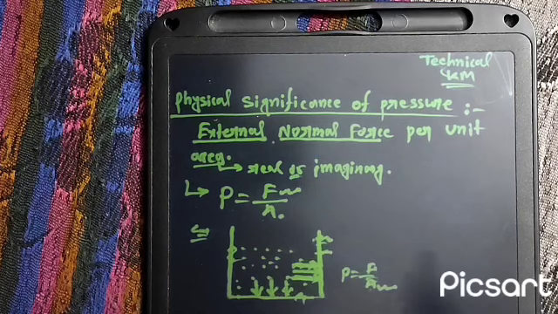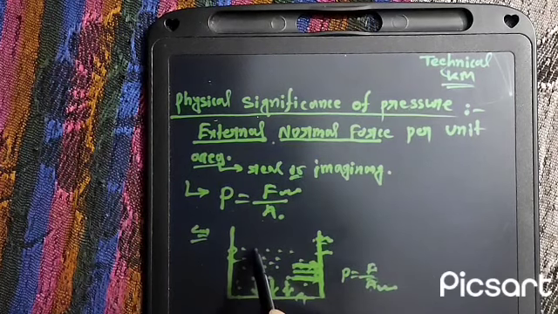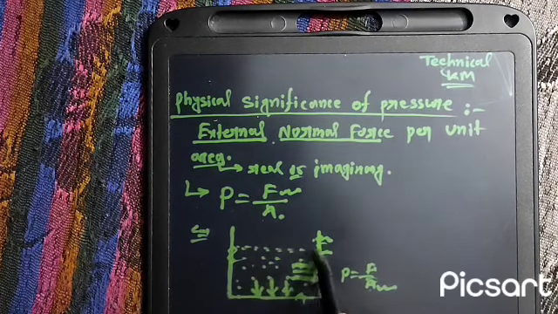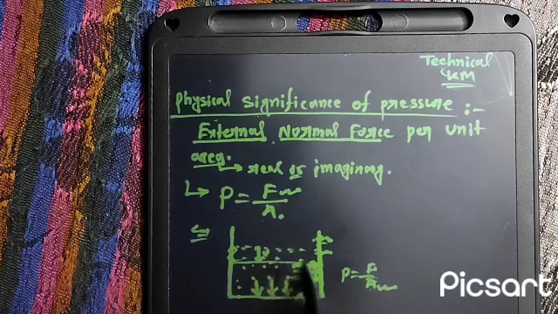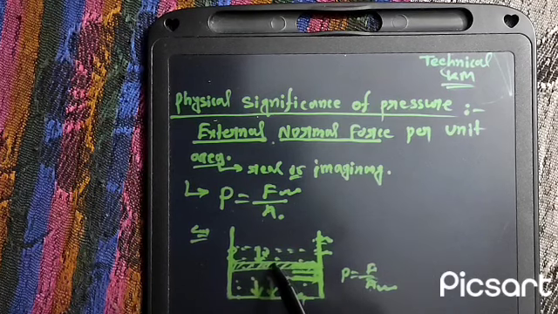Then see what an imaginary area is. In the liquid, at a depth of x distance, we consider a surface area. That area is an imaginary area. And what is the pressure on this surface area?